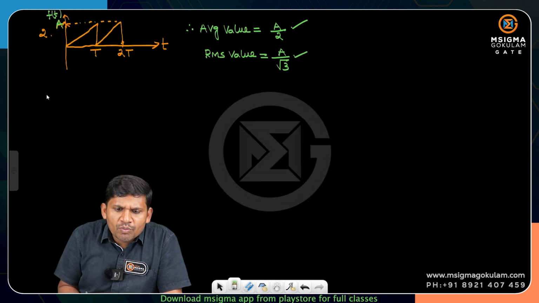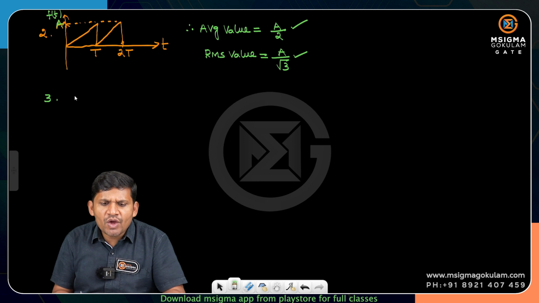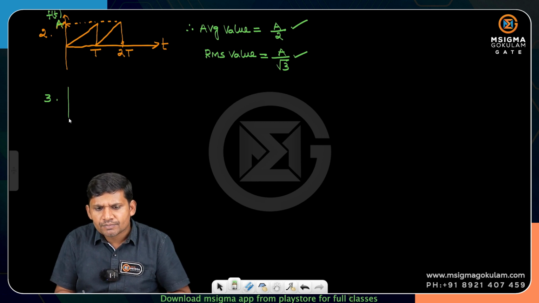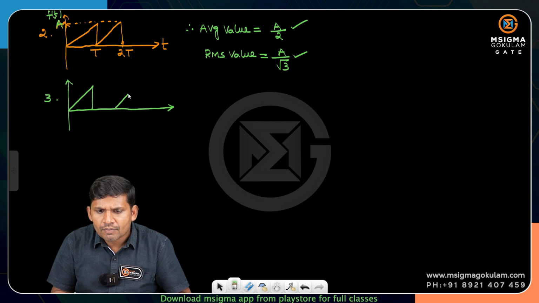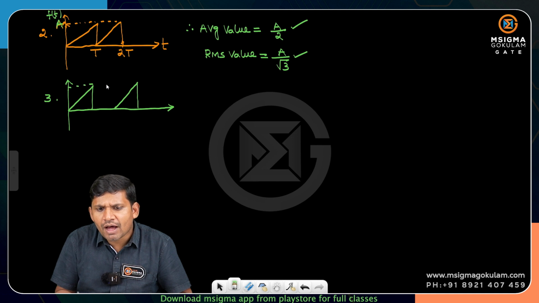See, for example, one more waveform I am drawing. If any waveform is given like this, this is also a triangular waveform, but the shape is like this. For this waveform, how to find the average and the RMS value? Let us assume that the given amplitude is A, the function is f of t.